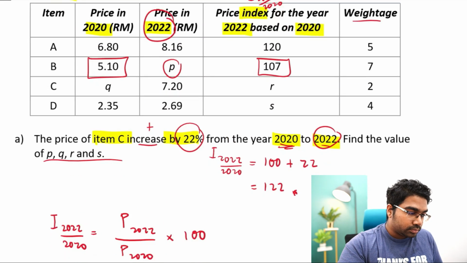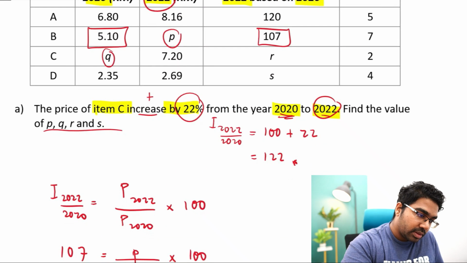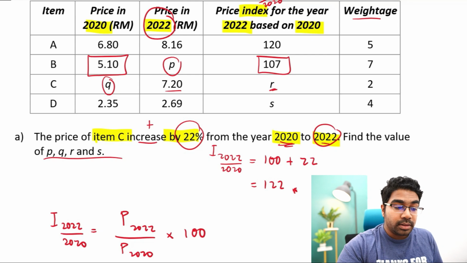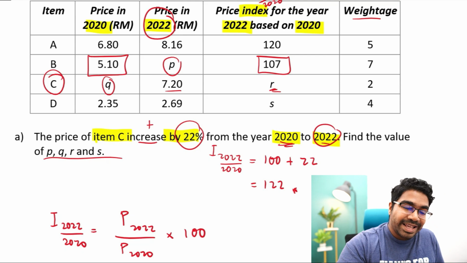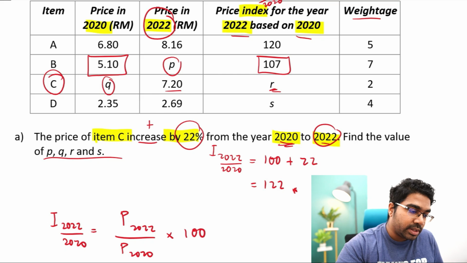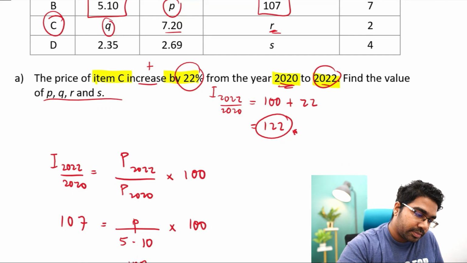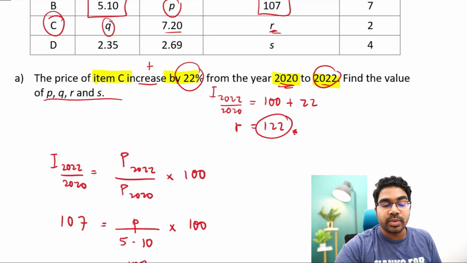Let's look for Q. So for Q, we have 720, and now we need to find R. We have two unknowns here, so we cannot apply that formula. But R is the price index of C for 2022 based on 2020. Now we've already found this, that is here. So R is equal to 122.